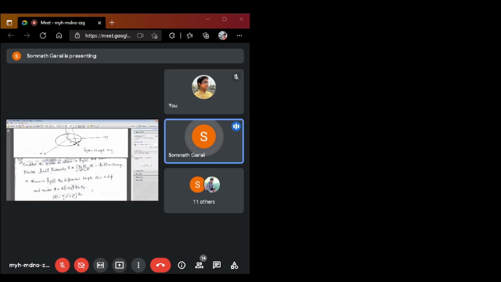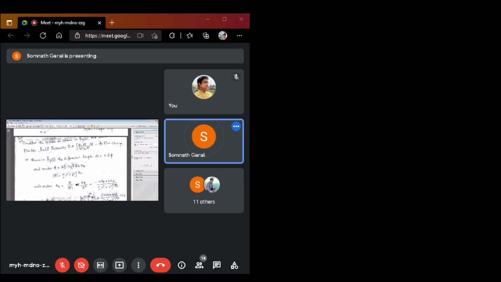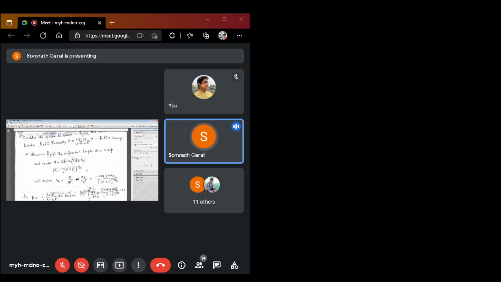That's why the distance vector is r equals a into minus a rho plus h into az. Then we calculate the magnitude, which is root under a square plus h square.